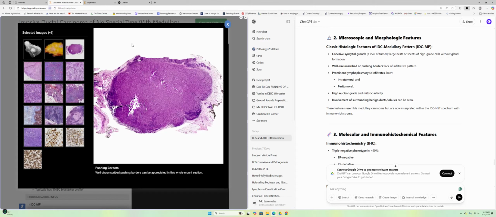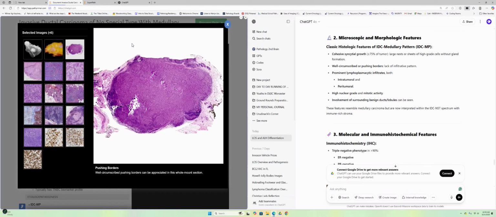Number 4, there must be high nuclear grade and mitotic activity. Number 5, there may be involvement of surrounding benign ducts. It can be seen but not necessarily, it may be absent. But the other four should be present.